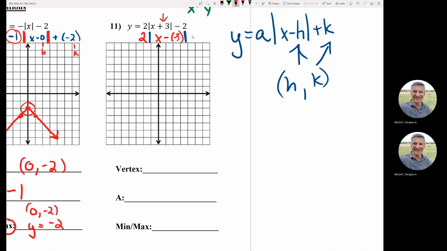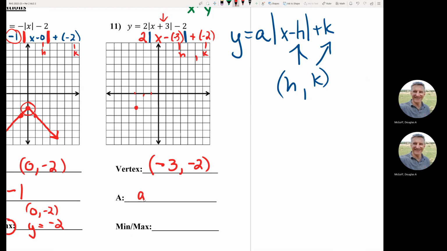And then it's plus k, plus negative 2. So h, k, my vertex is the point (-3, -2). X is negative 3, 3 left of the origin. Y is negative 2, 2 below the x-axis. Here's my vertex.